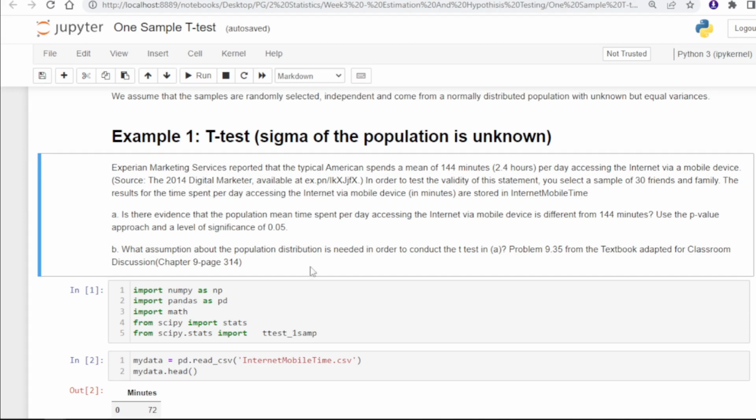In order to test the validity of the statement, you select a sample of 30 friends and family, and the results for the time spent per day accessing the internet via mobile device in minutes are stored in internet mobile time.